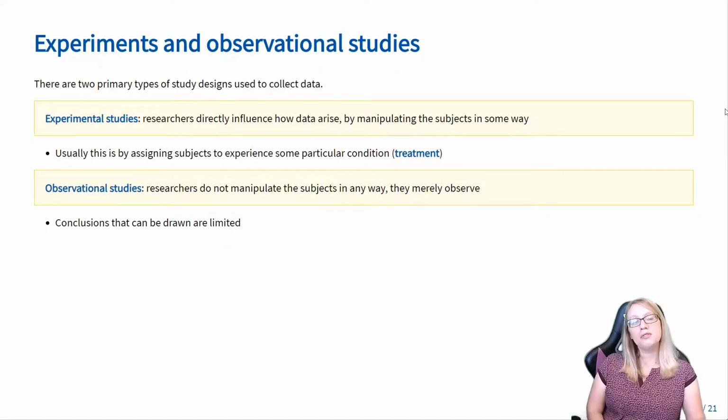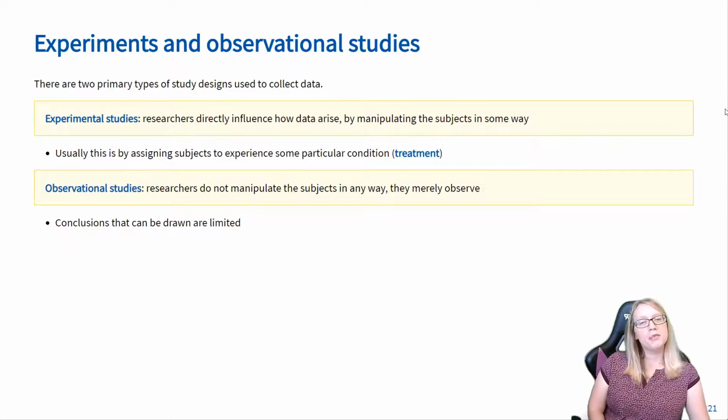Contrast this to an observational study. In an observational study, we're just sitting back and watching. We're seeing how the subjects behave, what they think, what they say, what they do. We may interact with them in some way to collect data. For example, a survey might be considered an observational study. But as long as that survey isn't manipulated from patient to patient or subject to subject, it's still observational.